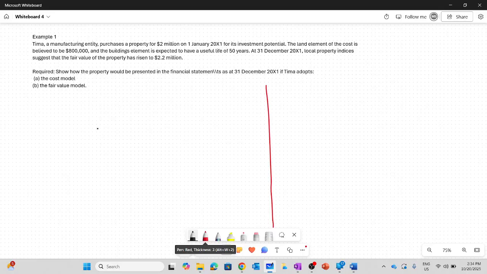So the first requirement states we need to show how the property will be presented in the financial statements as at 31st December 20X1 under the cost model and under the fair value model. So let's look at the cost model.